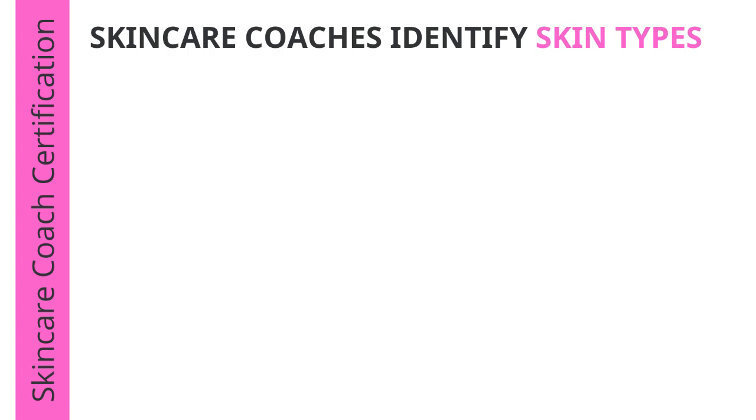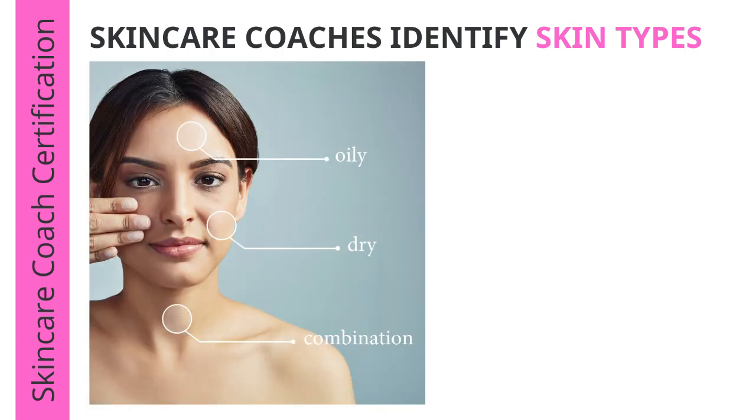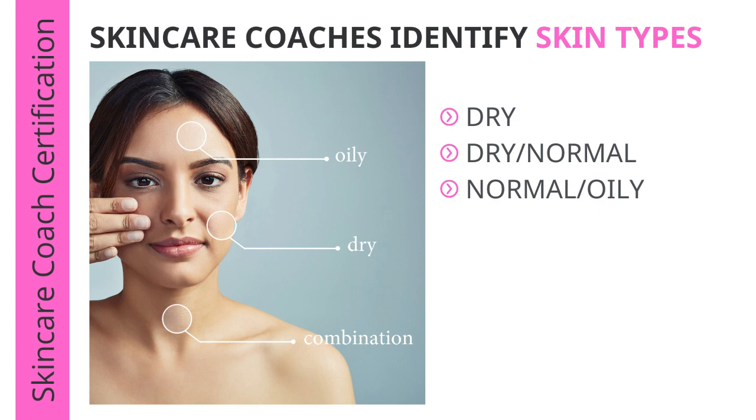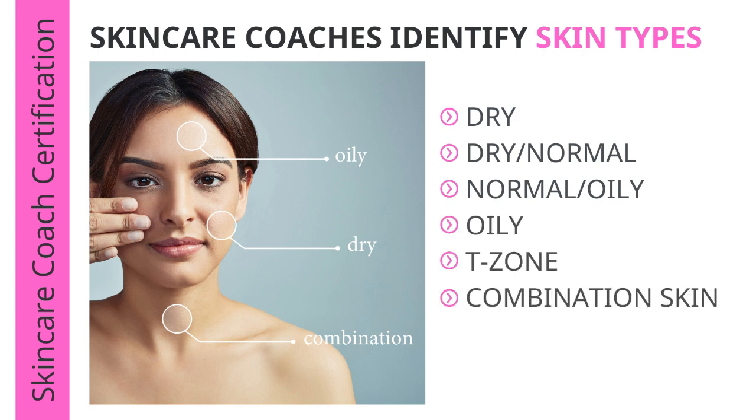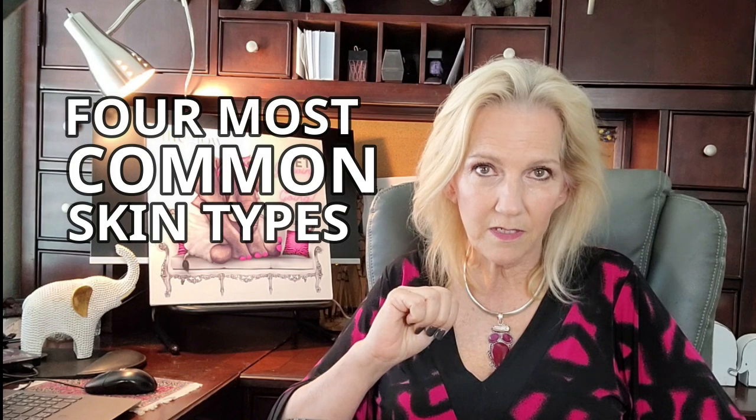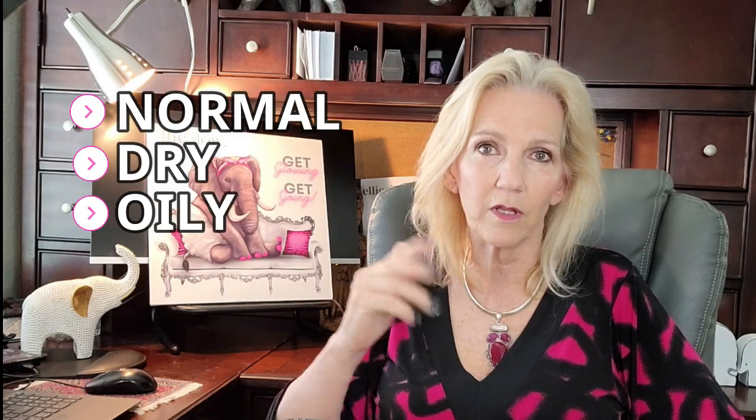When skincare coaches identify skin types, we try to categorize them into these expanded categories: dry, dry normal, normal oily, oily, T-zone, combination skin, or combo, sensitive or mature. The 4 most common skin types are normal, dry, oily, and combination. The categories above are combinations of these.